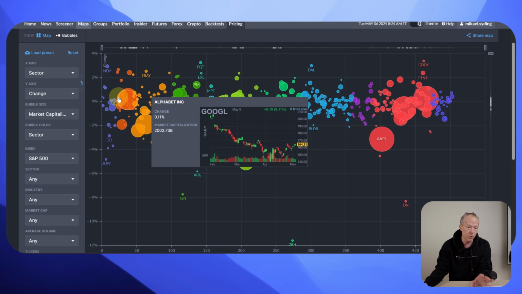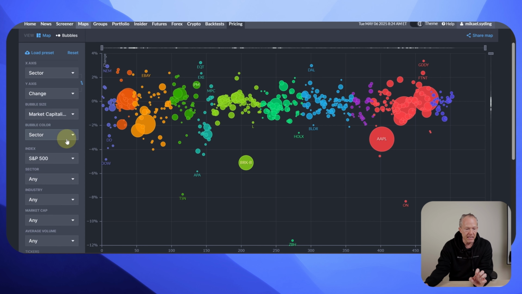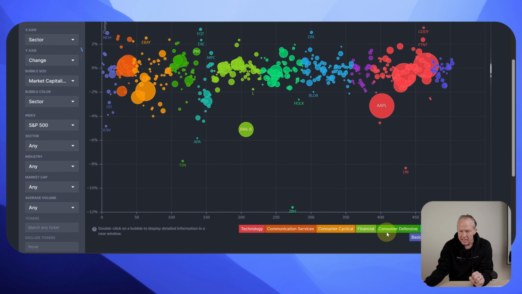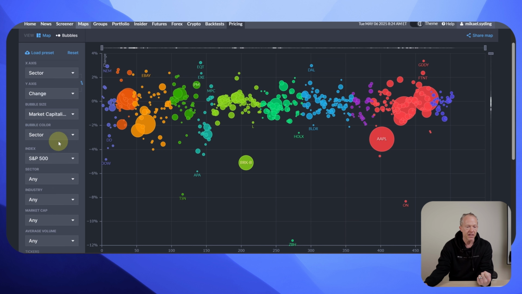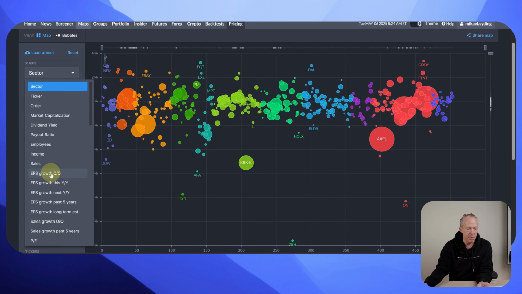And here you can see the bubble color is the sector, and then we can change these x and y axes to, for example, EPS growth quarter on quarter, and the y axis can be, for example, well, I was looking for the price earnings ratio. Yeah, there it is. And you can do all kinds of ways to find companies that stand out.